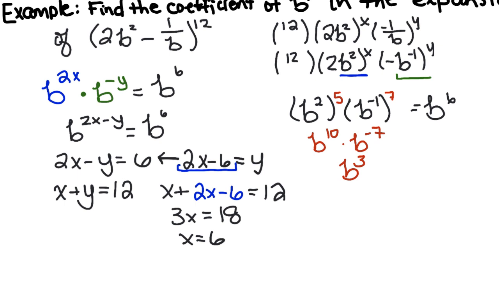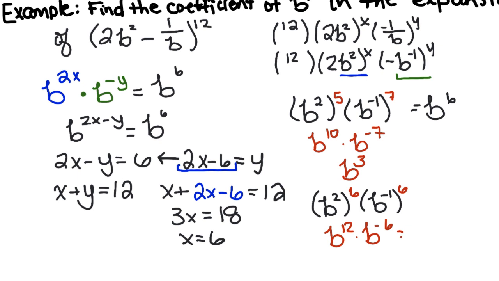Once I have that my value is 6, if we were just guessing, that would give me b to the 12th times b to the negative 6. Hey, that's b to the 6th. Then I know that I can put those values back in.